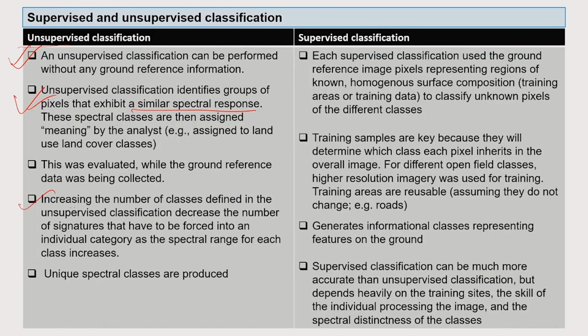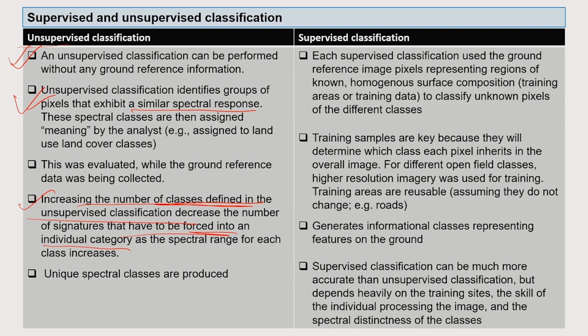Now, increasing the number of classes defined in the unsupervised classification decreases the number of signatures that have to be forced into an individual category, as the spectral range for each class increases. Okay, I repeat again, increasing the number of classes defined inside the unsupervised classification will decrease the number of signatures which have to be forced into an individual category.